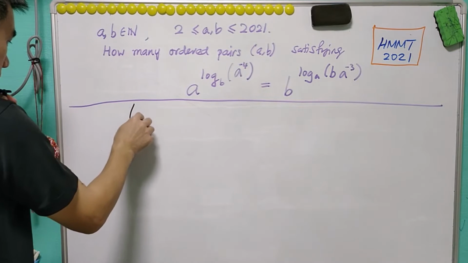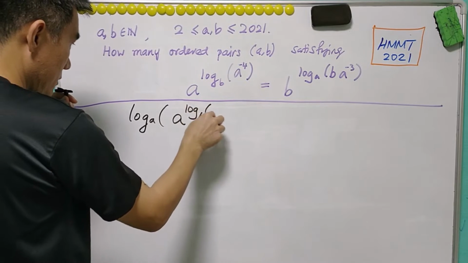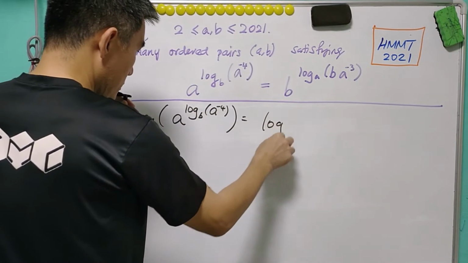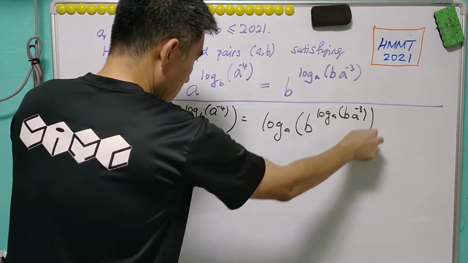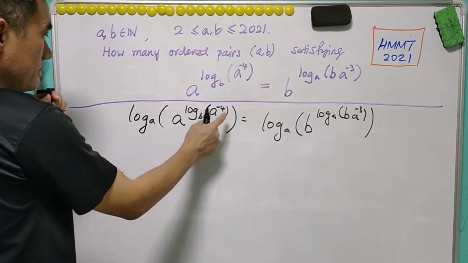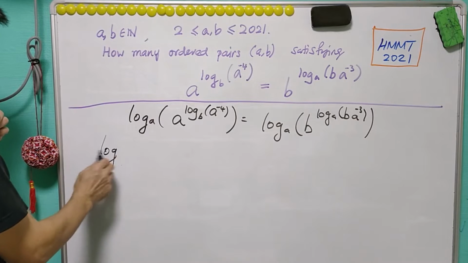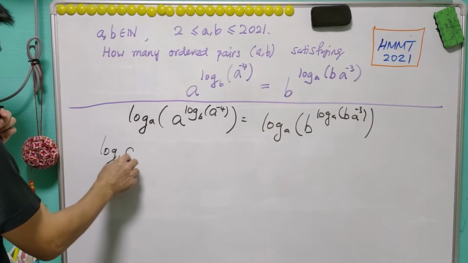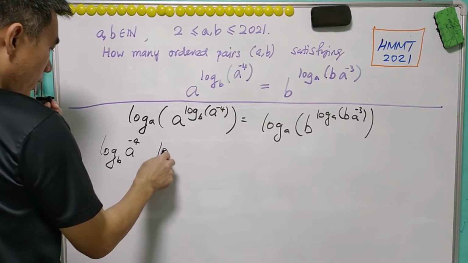First of all, we can take the log of both sides. After which, the power can be brought over here. So this is log b, a to the power of -4, and we are left with log a.